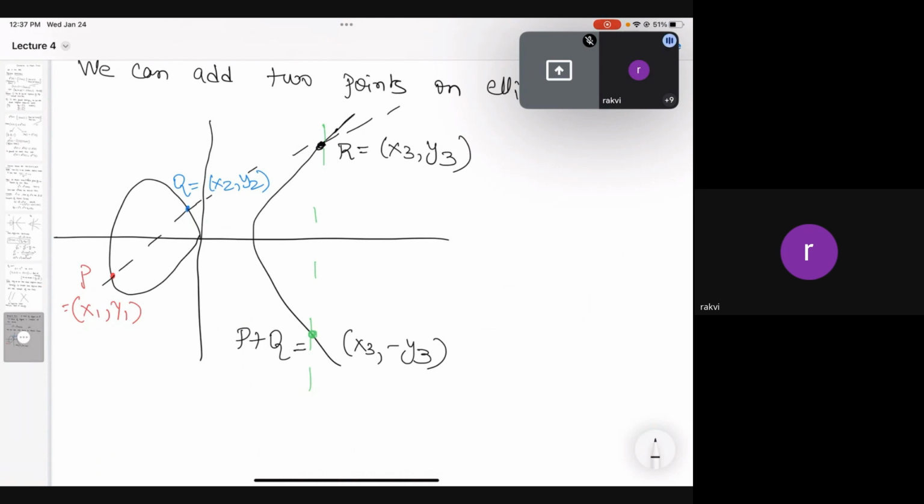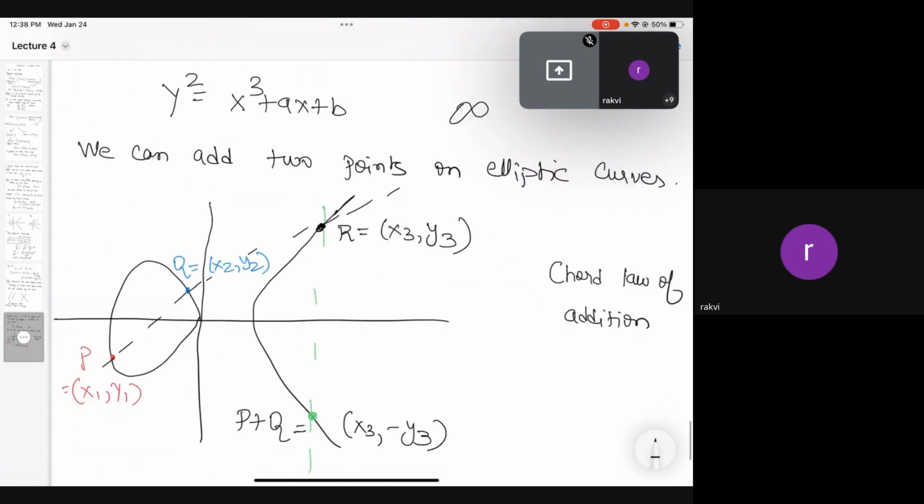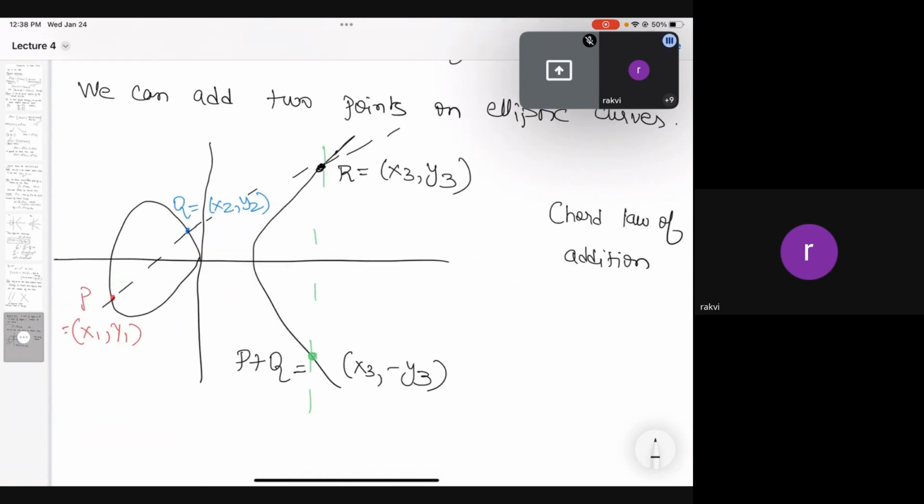This is called the chord law of addition. Basically, what I'm doing is taking the chord joining two elements and then intersecting it with the curve to get the third point, and then we reflect it across the x-axis.